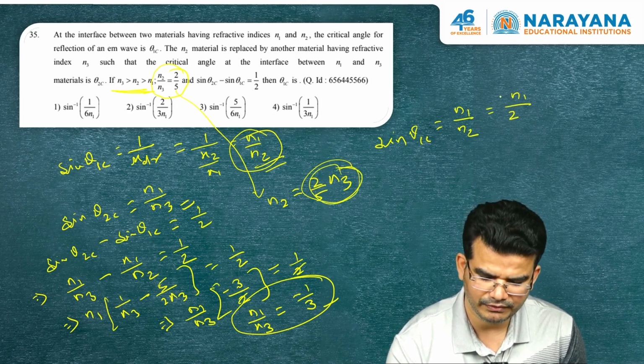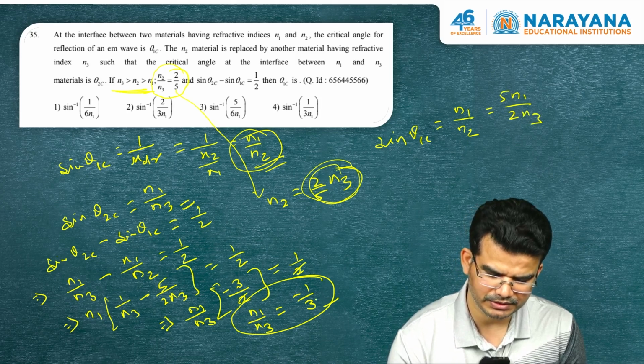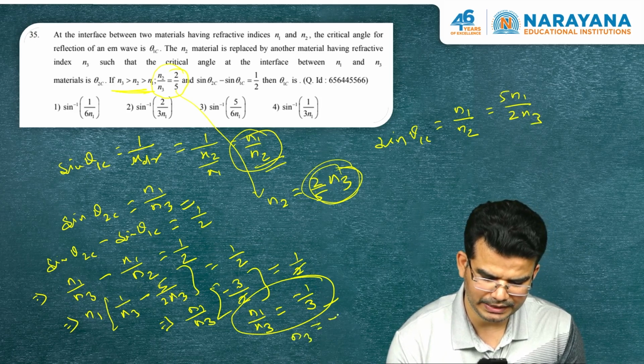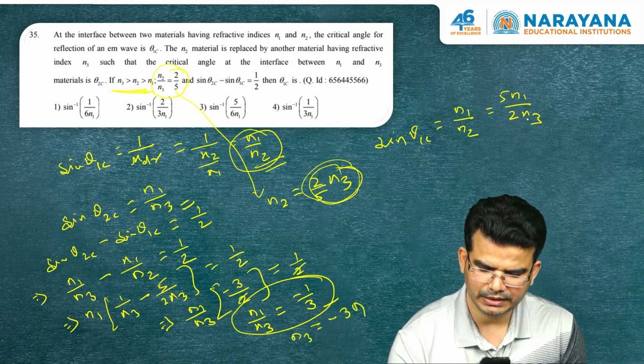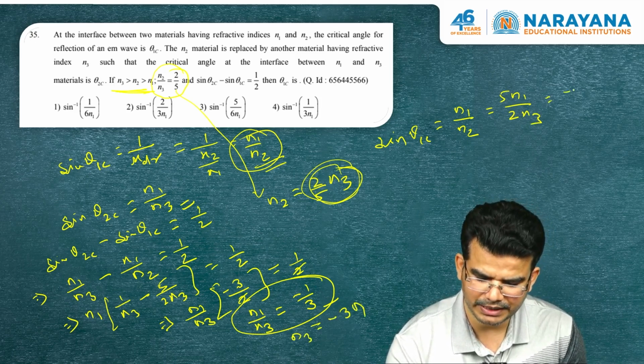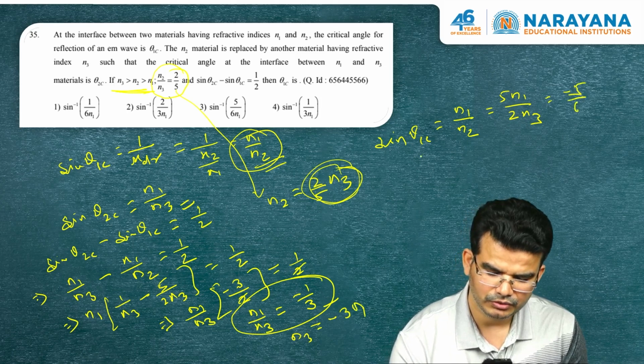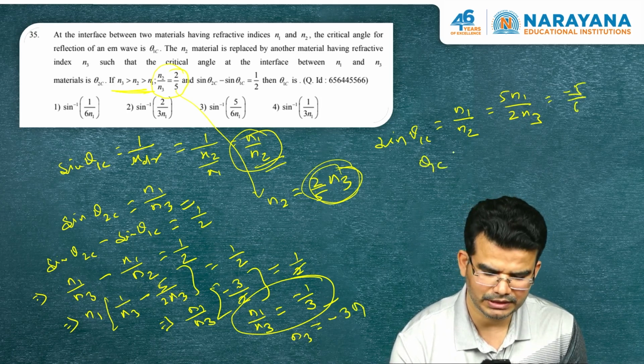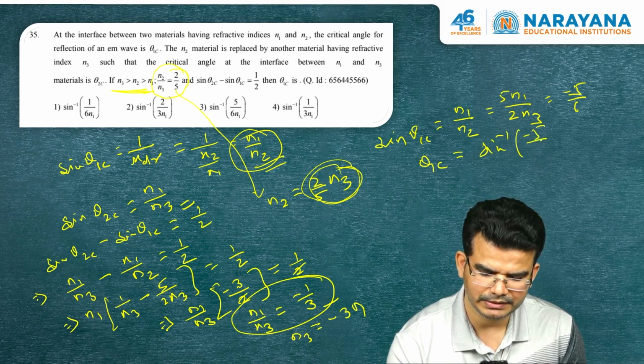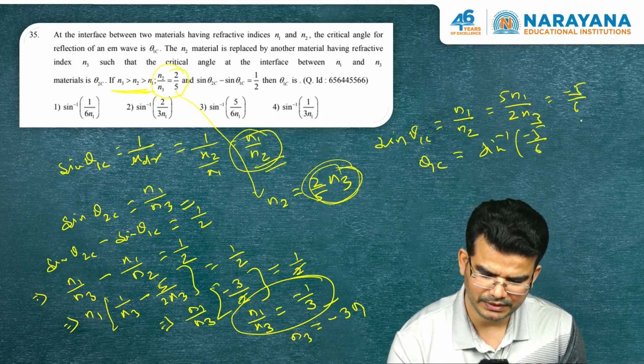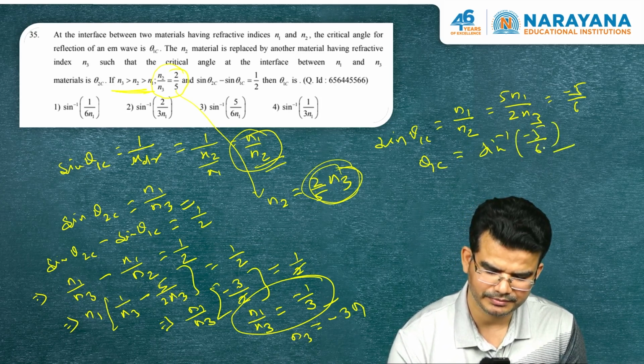So, 2 by 5 N3, and N3 we have got how much? From here you can see N3 equals minus 3 N1. So, this is minus 5 by 6. So, theta 1c is sin inverse of minus 5 by 6, something like this.